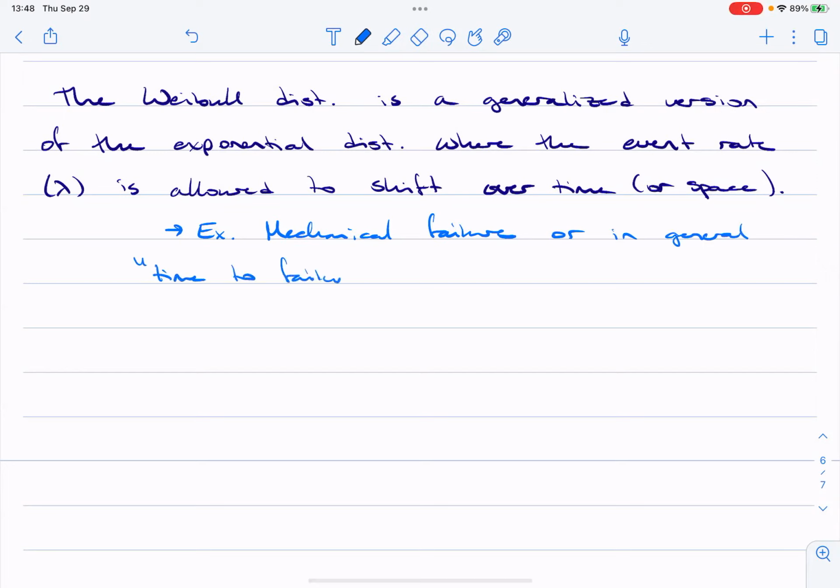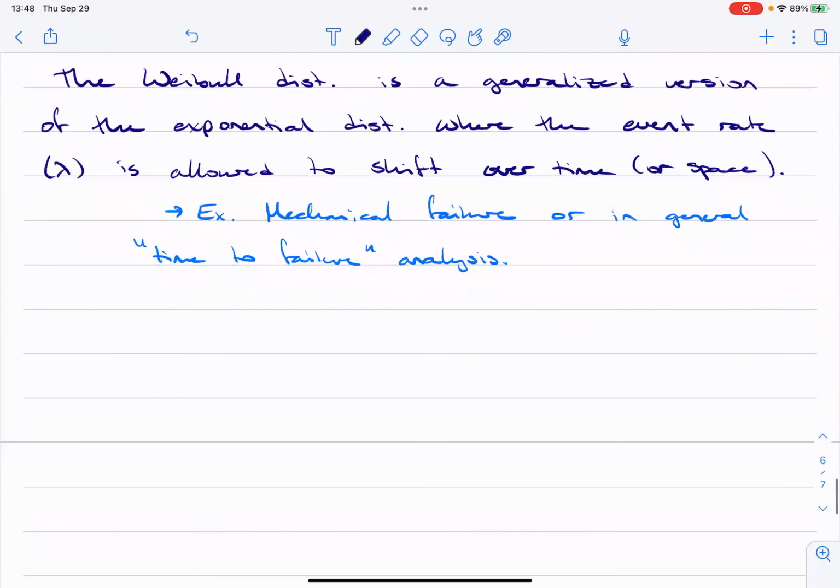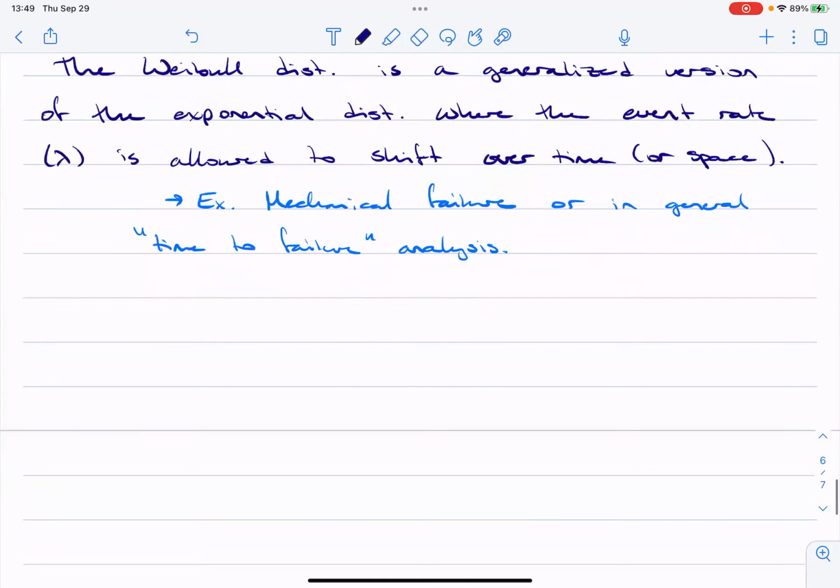Lots of money in that, obviously. When is this thing going to break? So the Weibull requires a shape parameter, which we're going to call beta. And it depends on if the probability increases over time or maybe it decreases over time, right?